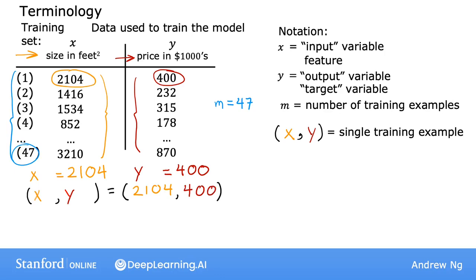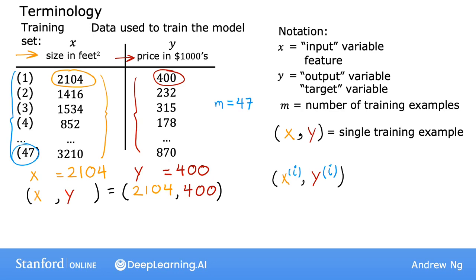Now, we have a lot of different training examples. We have 47 of them, in fact. So to refer to a specific training example, which will correspond to a specific row in this table on the left, I'm going to use the notation x superscript (i), y superscript (i).